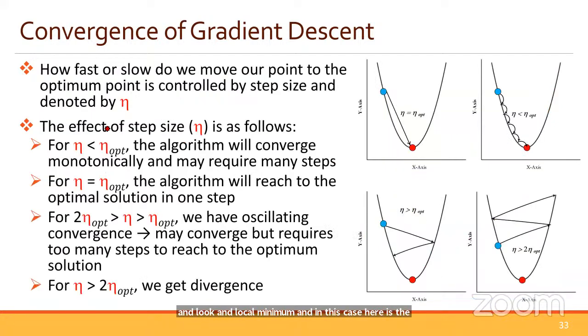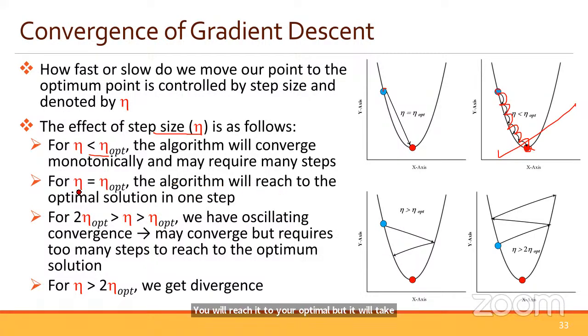If you select your learning rate or step size less than the optimum, you are here, and your step size is very small compared to the distance from here to the optimum, so you jump in the first iteration, you need another iteration, and so on until you reach the optimum. This is very safe. You will reach your optimum, but it will take a long time.